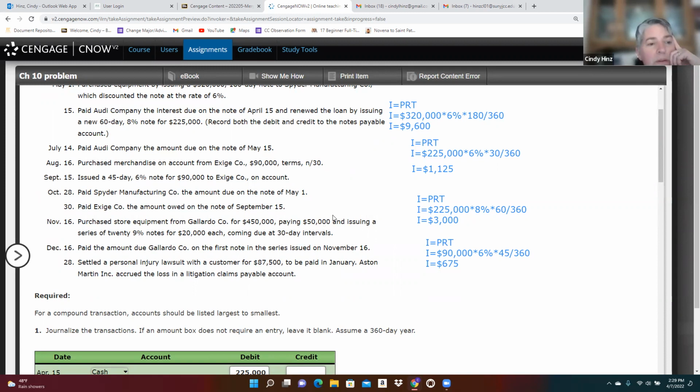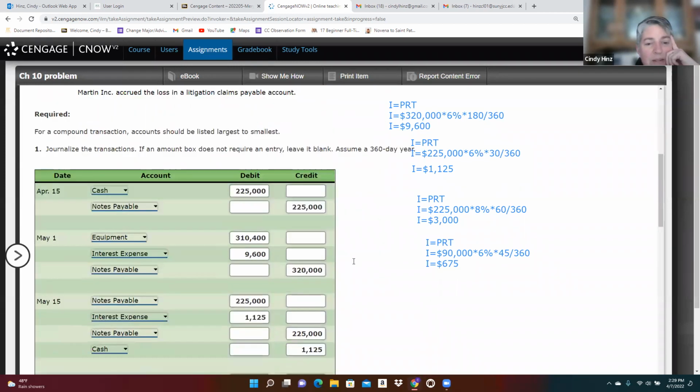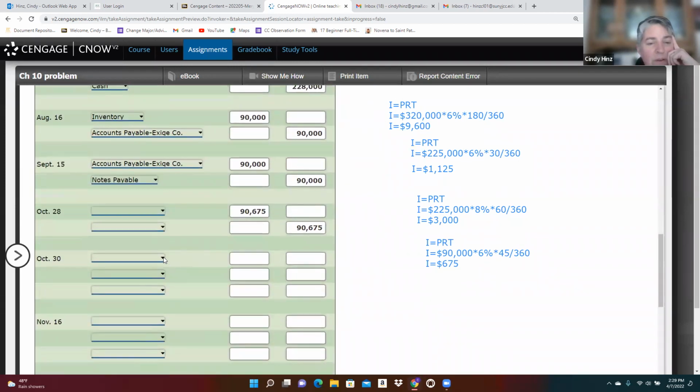I wonder, we should have another. Oh, I'm sorry. So the one that I just did now was the Exige company note. So that's October 30th. So I was looking, couldn't figure out why I didn't have a line for the interest.